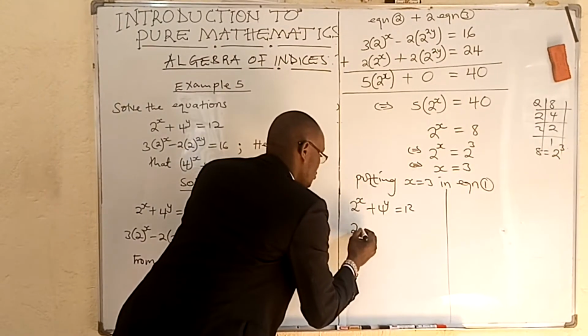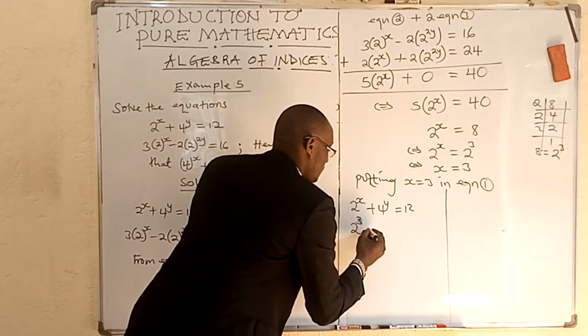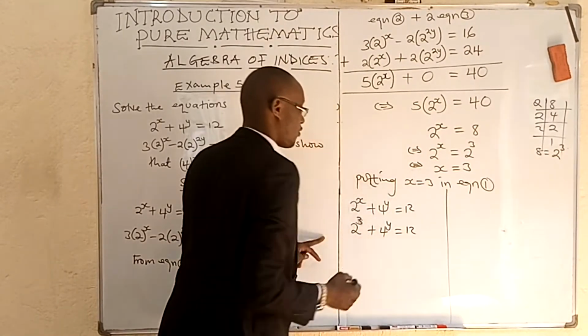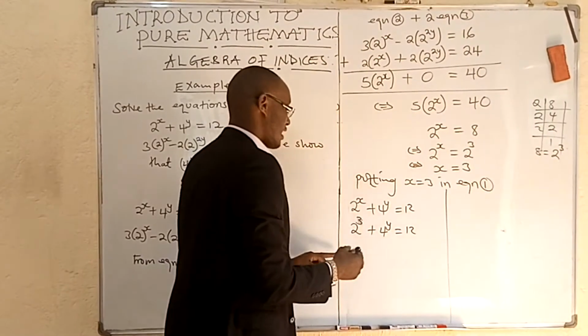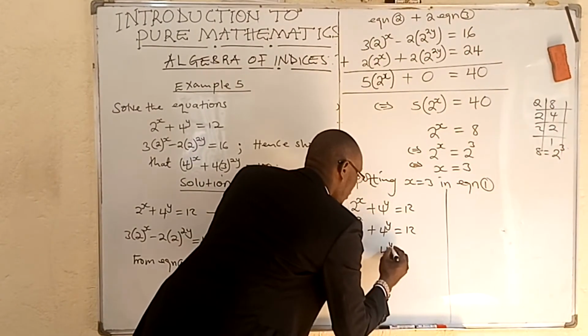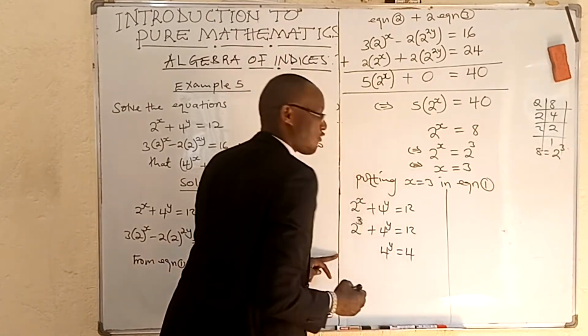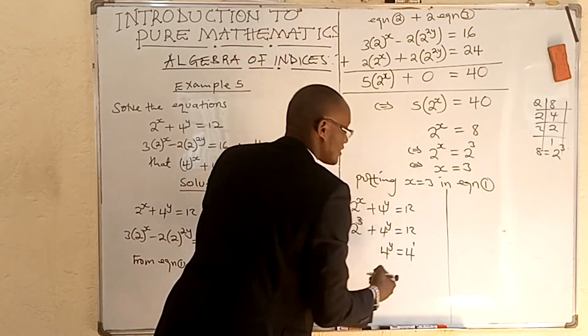So this is the same as 2 power 3 plus 4 power y is equal to 12. So this is the same as 8. Okay, 8 will go the other side. And then we get a 4 power y equivalent to 12 minus 8, which is a 4. This is now 4 power what? 4 power 1. The bases are the same.